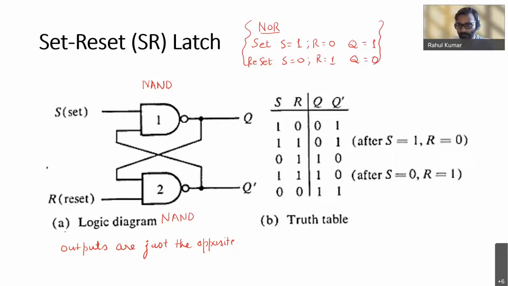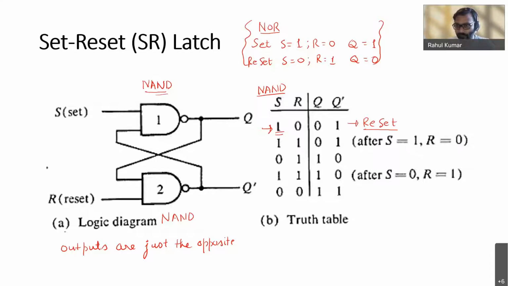Okay, but in the case of NAND gate, it is just the opposite. So when S input is 1 and R is 0, in that case output Q is 0. So that means your latch is reset. When S input is 1, in the case of NAND gate, your latch is reset.